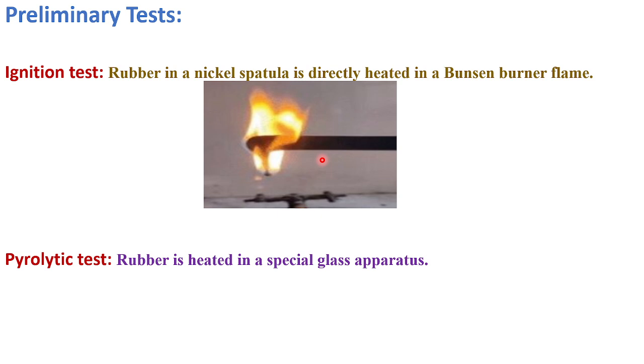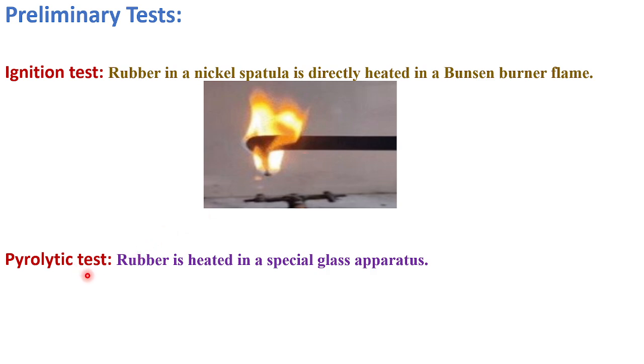Different rubbers will show different types of smoke also. This is a very simple test, but from here you can also guess a little bit. For example, if you are getting natural rubber from a different supplier and there is a difference in smoke intensity or something else, there may be some changes in your base polymer.